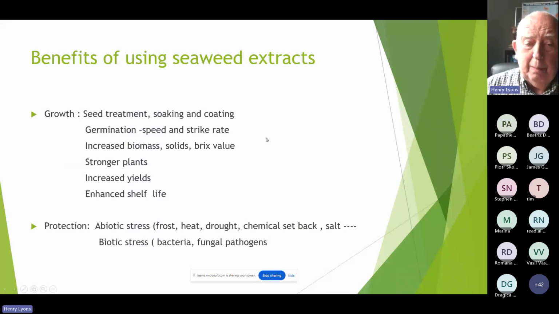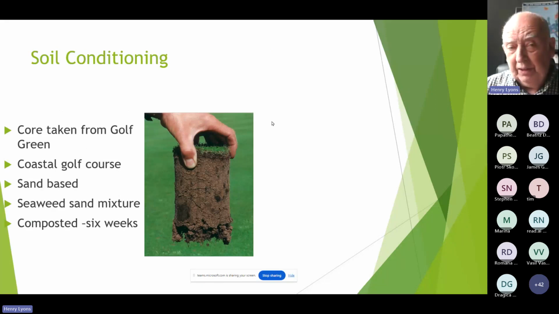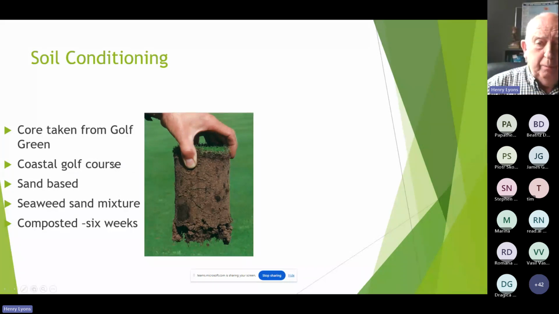So the benefits I've partly mentioned already come under growth and protection. Site conditioning has been mentioned already by Pietro. Most of the golf courses in Scotland and the west of Ireland were constructed by composting sand and seaweed. And this is a core I took from a local golf course.